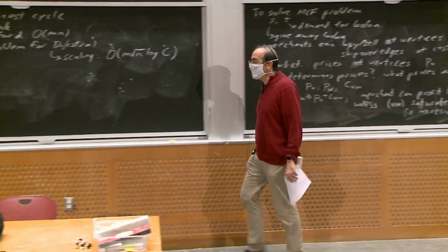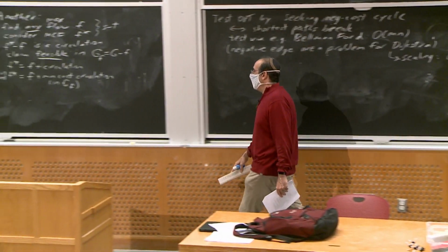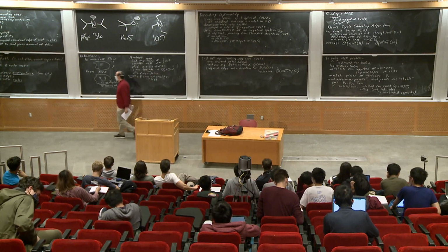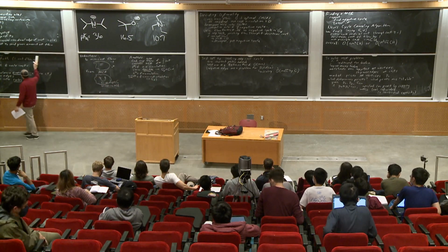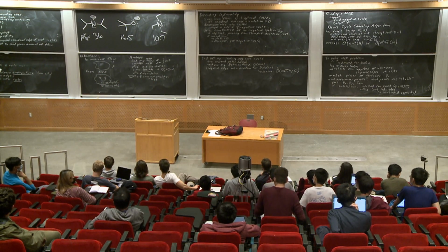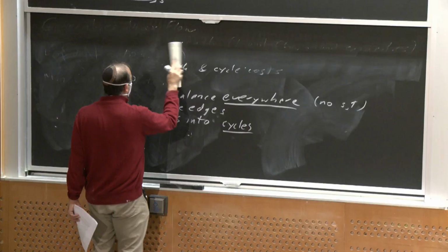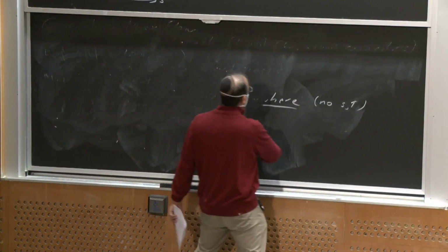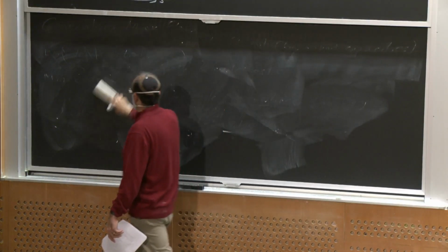Why have I not fully defined what happens? What was that? Yeah, I could have a graph that's not connected. I could have things that are not reachable from S.